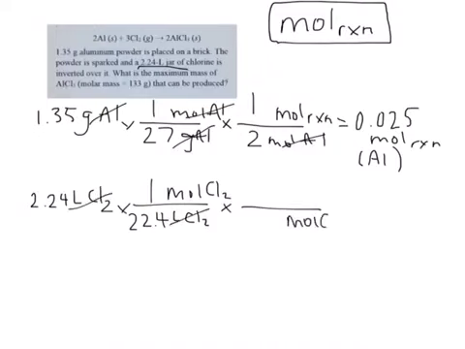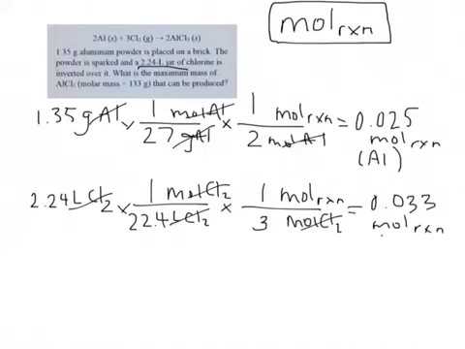So moles of chlorine on the bottom to cancel, and mole per reaction as written on the top. For chlorine, it's a 3. 3 moles of chlorine for every 1 run of that reaction. So put a 3 in here and a 1 up there. Put that in your calculator, you get 0.033 mole reaction if all the chlorine reacts.